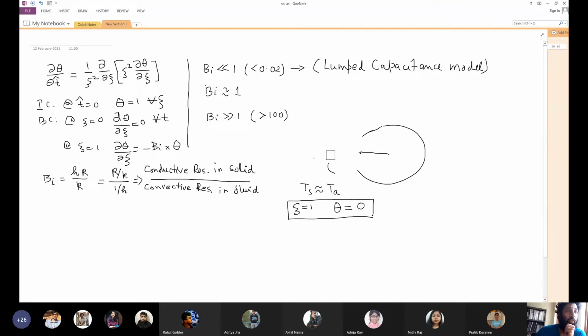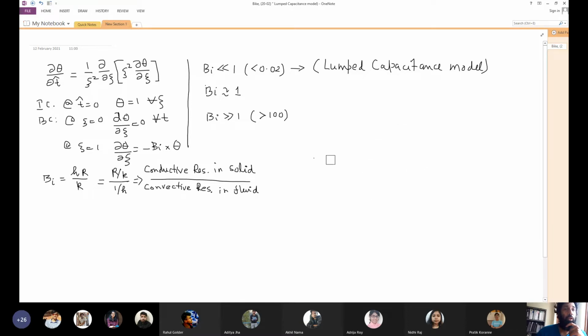So at Biot number much greater than 1, that is greater than 100, we can change the boundary condition because the conductive resistance is much higher than the convective resistance. The temperature at the surface is almost the same as the ambient temperature.